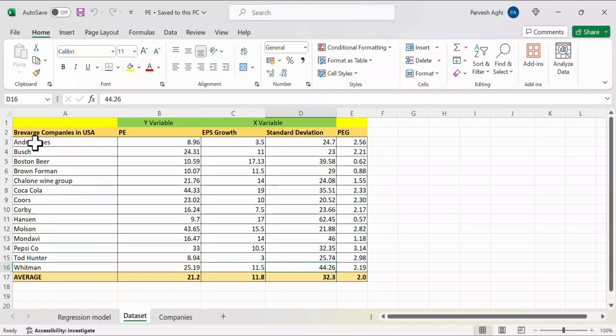The growth and the risk are the X variables, and the Y variable is the PE ratio. So we want to know what the PE ratio should be based on the growth and the risk. I'm just zooming in.